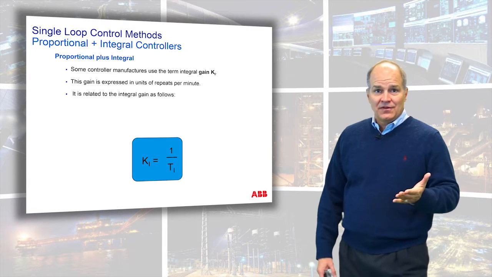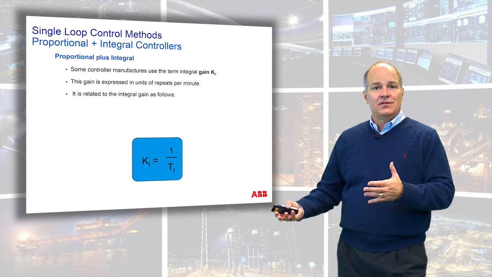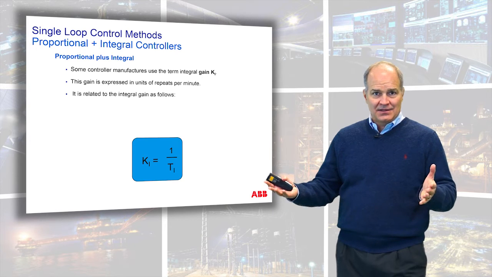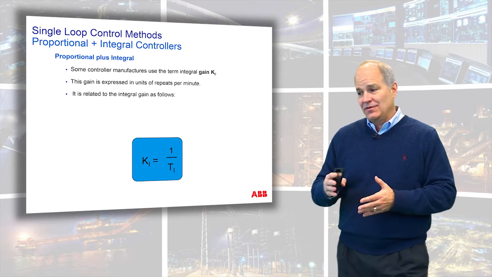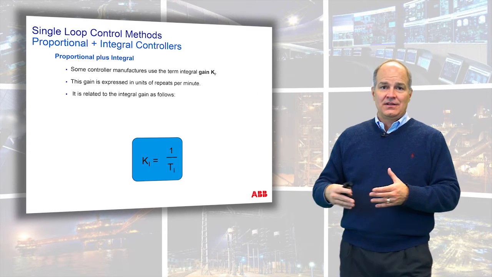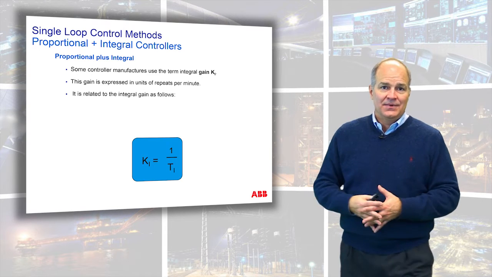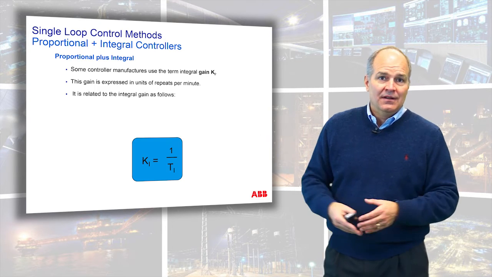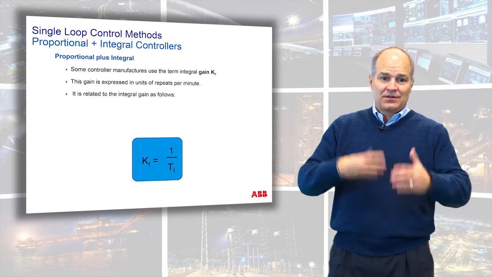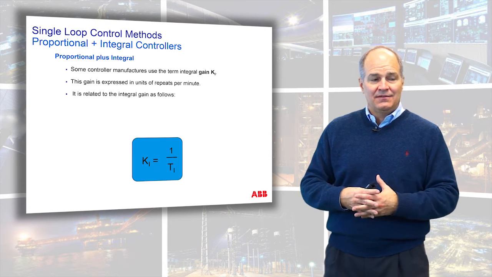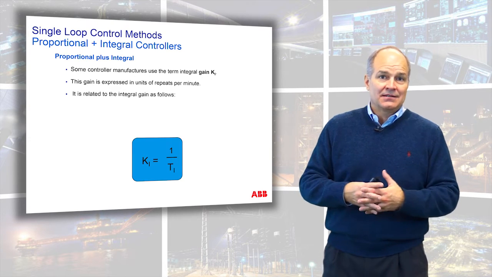And it gets even more fun because the Mod 300 was working on very slow dynamics. So they standardized the integral time in minutes. So if you're working in a chemical industry that had a 30-minute time constant, you just entered a 30 for your integral time. Well, the Master, they worked on drives, a lot faster type stuff, and so they went with seconds.